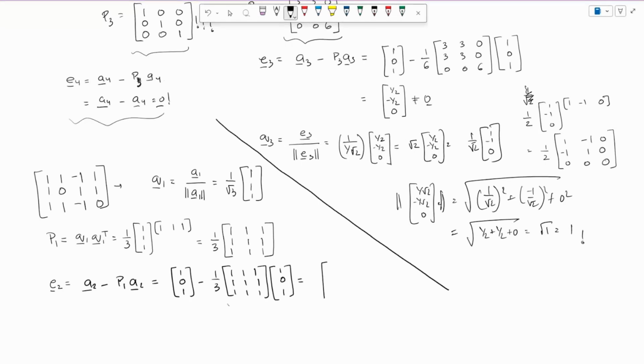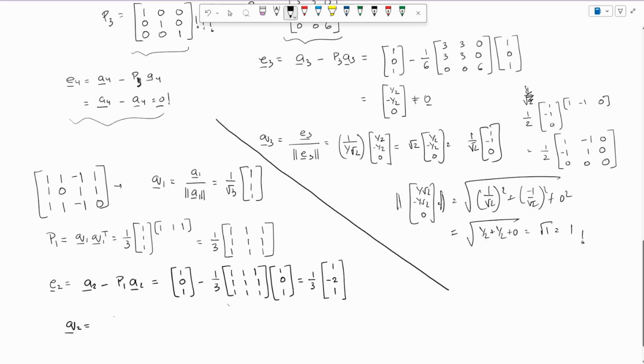You have it? What is it? 1 by 3? Okay. Is that of length 1? Well, we don't know, but let's still normalize it anyway.